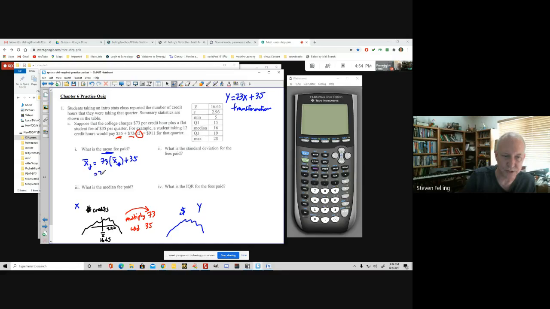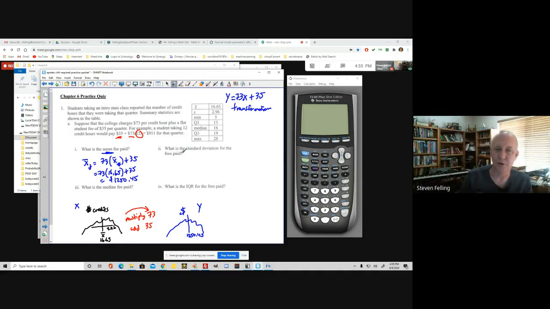So it will be 73 times 16.65, plus the 35, and that turns out to be $1,250.45. So the average student pays $1,250.45 for their classes because on average they take 16.65 credits at $73 each, plus they pay a $35 fee. Both the multiply and the add affect the transformation.